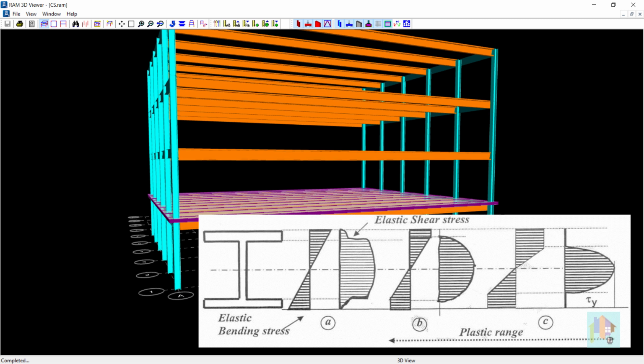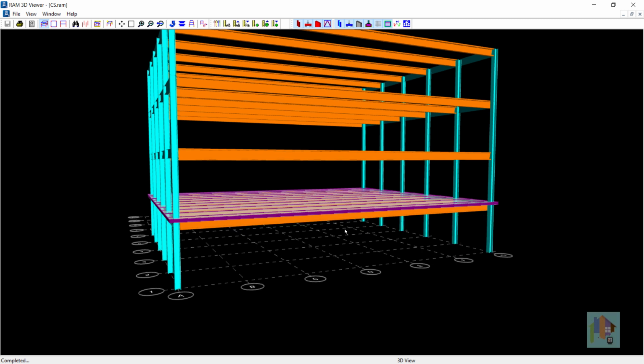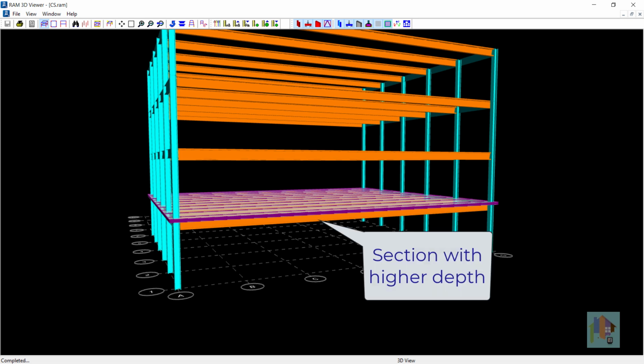Majority portion is resisted by the flange alone, and if we increase the distance between the flanges, or the lever arm, by increasing the overall depth of the section, moment capacity also increases. That's why to resist higher bending moment, a section with higher depth is required, which eventually increases the steel usage.